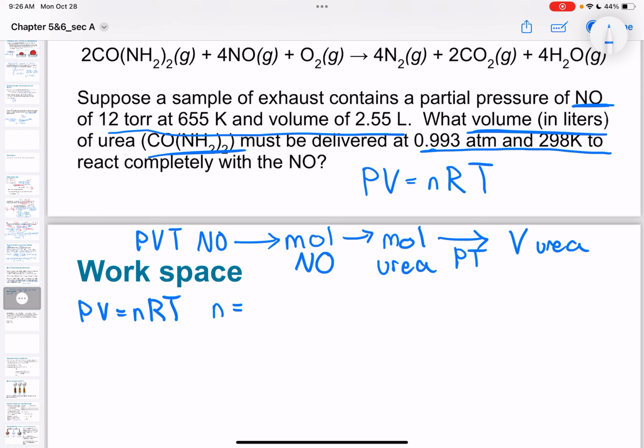So I'm going to divide both sides by RT to isolate n. So I get PV over RT. And I'm going to have to plug in these values. Now, the NO is given in torr, so I do need to divide by 760 torr to get that into atmospheres.